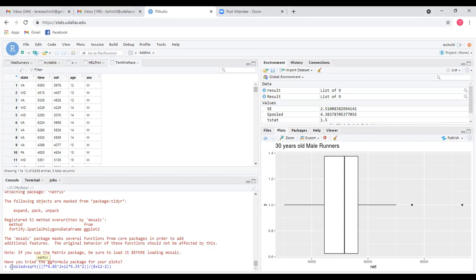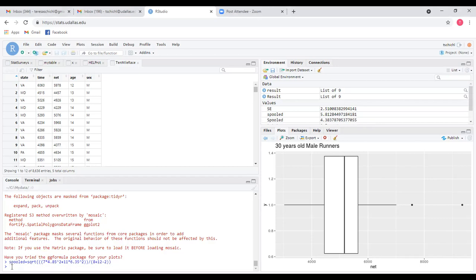So this is your pooled standard deviation. After you hit that, spooled will give you 5.81.